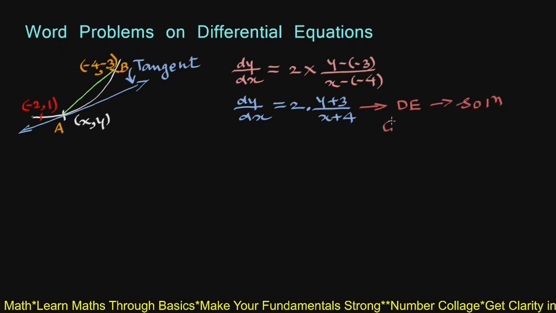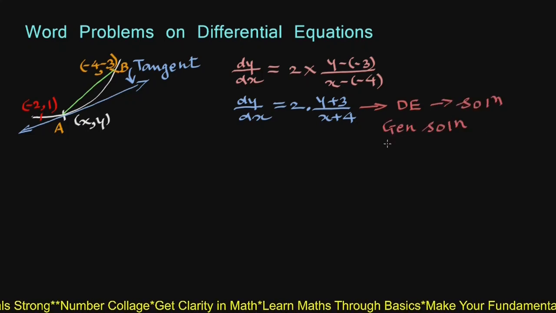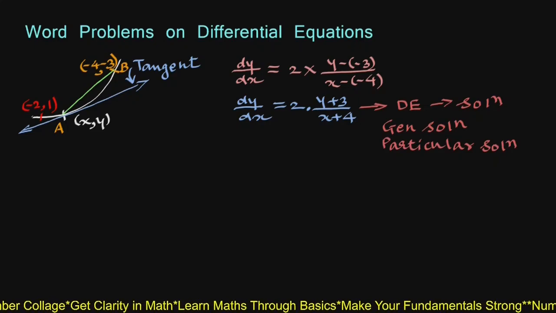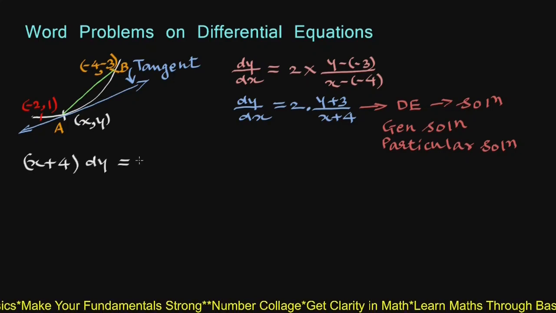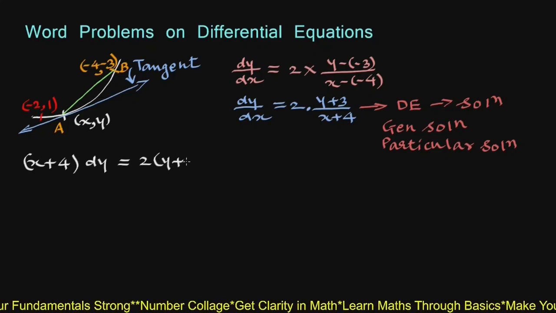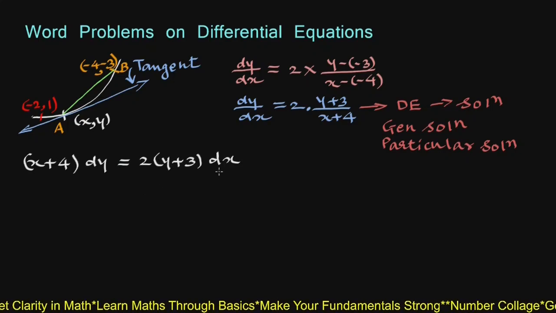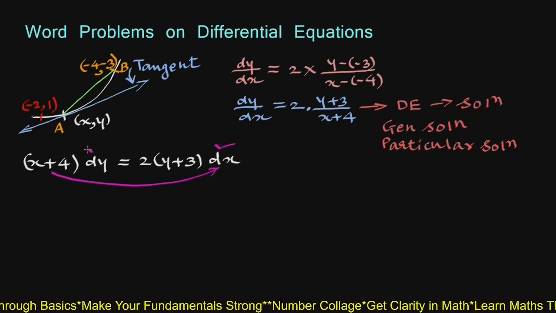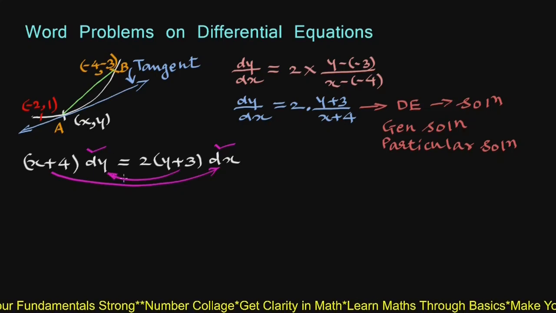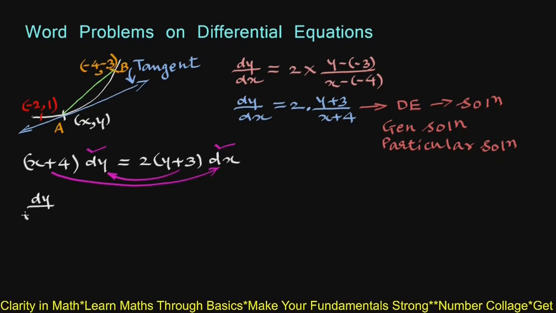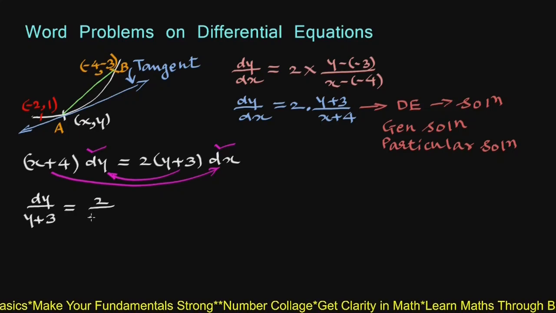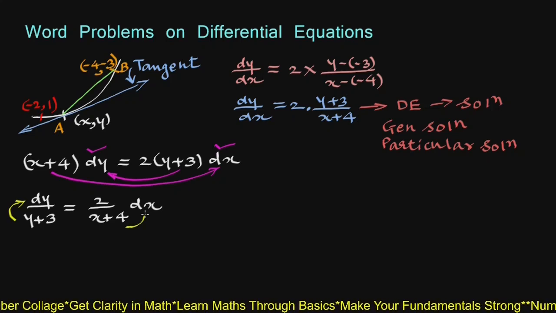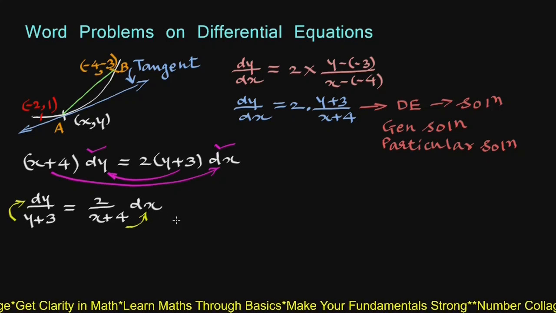So this is the differential equation that we have to solve. We will find the general solution and after that the particular solution. For separating the variables, first we will cross multiply: (x plus 4) dy equals 2 into (y plus 3) dx. Next we will divide by x plus 4 and by y plus 3. dy upon y plus 3 equals 2 upon x plus 4 dx. Function of y with dy, function of x with dx, variables have been separated.